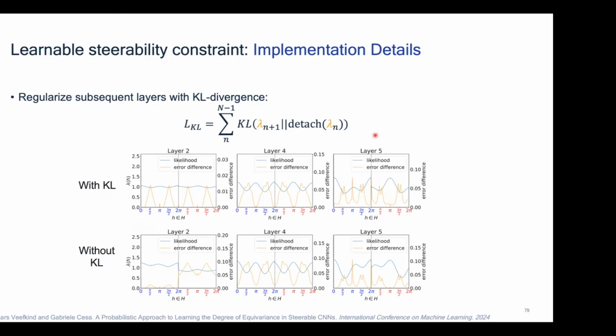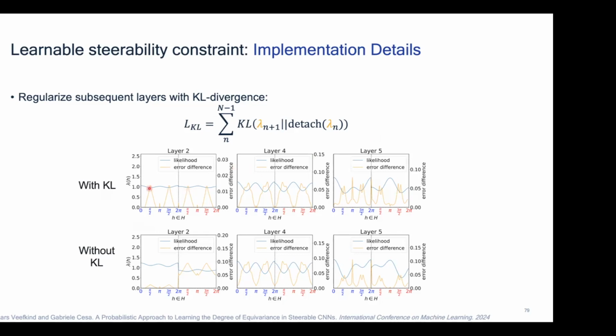And one of the motivations here is also finding out what the symmetries are. So we want the deeper layers to learn probability distributions that are only supported in the support of the initial layers. And that kind of works.